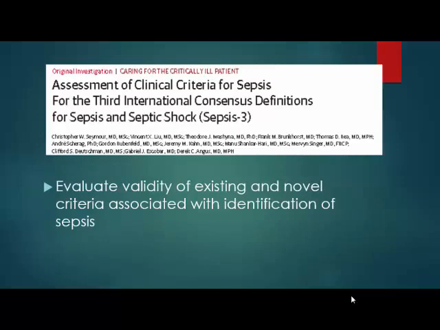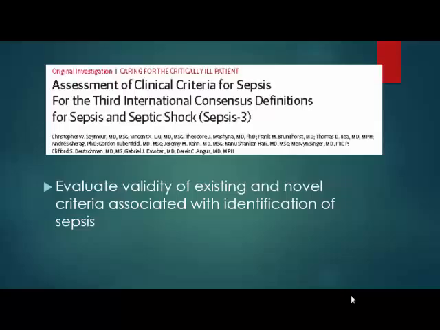So why did they do these studies? Because you look at it and you're like, did we really need a study to redefine sepsis? Don't we already know what it is? The SCCM and European societies decided that we don't think we have a really good definition of what sepsis is. Maybe we could be better at having clinical criteria to say, aha, this is sepsis.